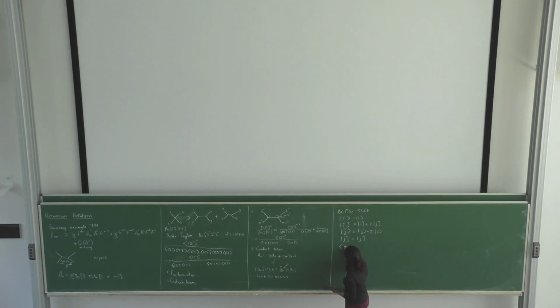For example, the bracket of I with I needs to be 0, and that is clearly satisfied. You can check that this is true of j with j as well, which is more non-trivial.